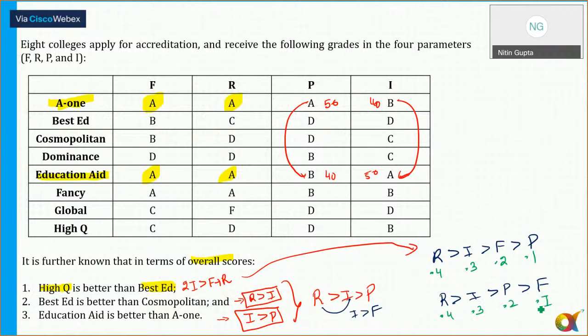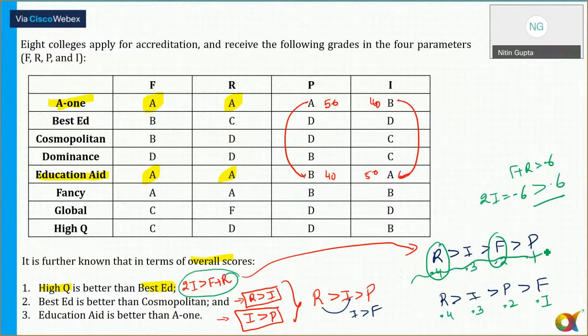But it also says that 2I has to be greater than F plus R. So in the first case, F plus R, that is 0.4 plus 0.2, is equal to 0.6. So F plus R in the first case is 0.6 and 2I is also equal to 0.6, but 2I has to be greater than F plus R. So 0.6 greater than 0.6 is not possible. So the first is ruled out.